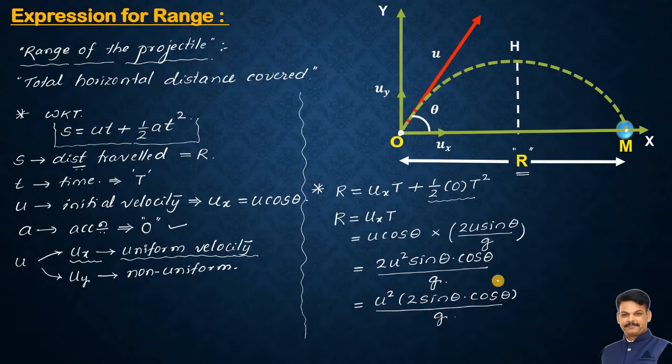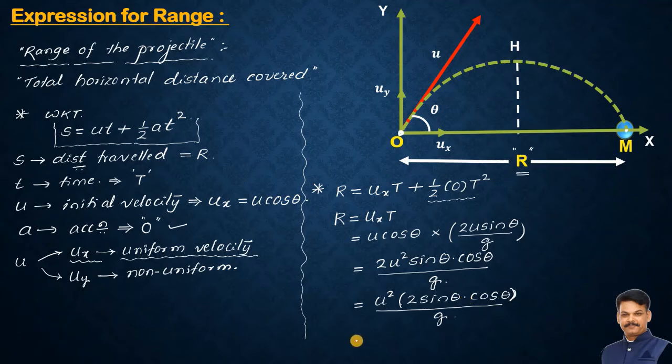Here, just to make the observation, dear students, the terms which are present in the bracket indicate one identity related to trigonometry, and we know that 2 sin theta into cos theta is sin 2 theta.